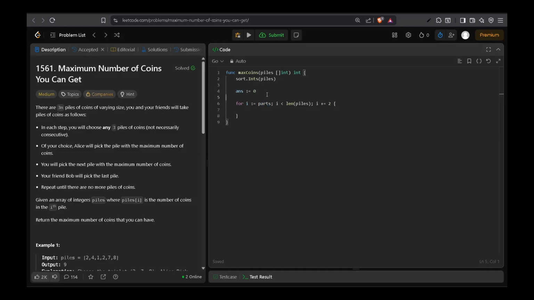Now what are these paths? Paths is nothing but length of piles divided by 3, and we know for sure this division will be complete because the question itself mentions that it is divisible by 3, right? So then we'll simply do answer plus equal to piles of i, and we'll return answer.